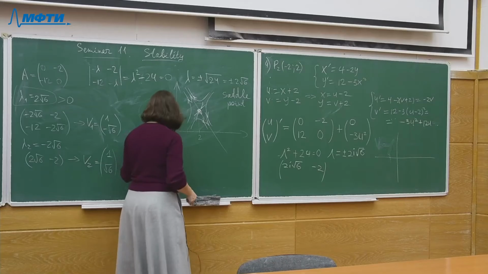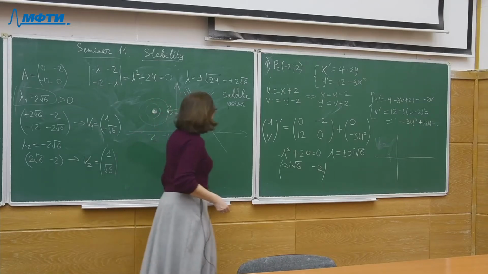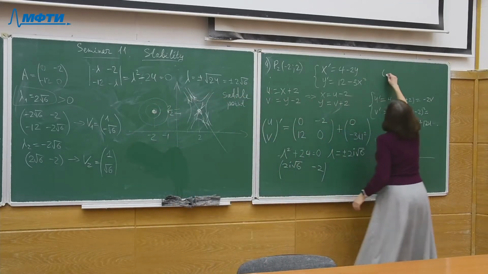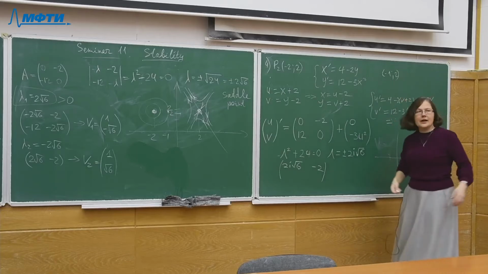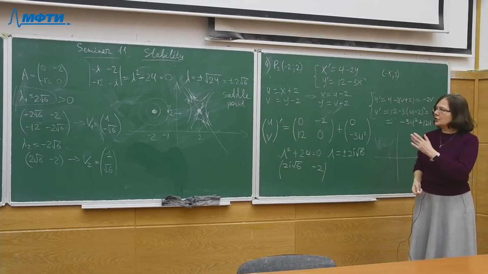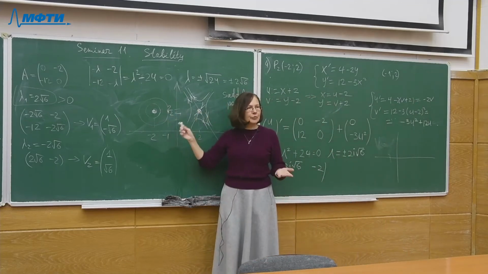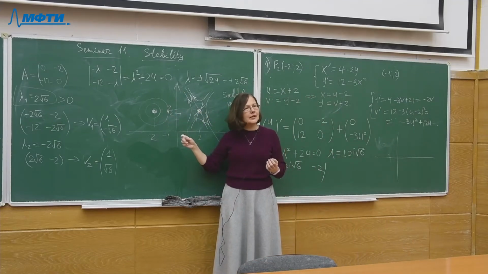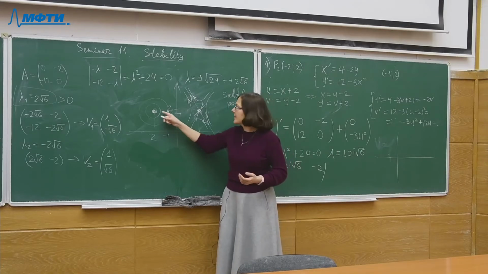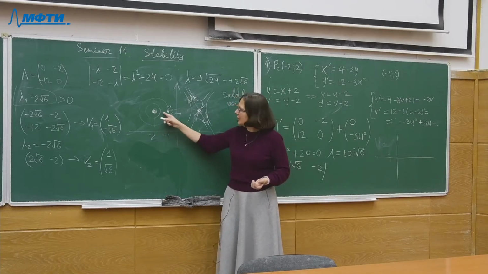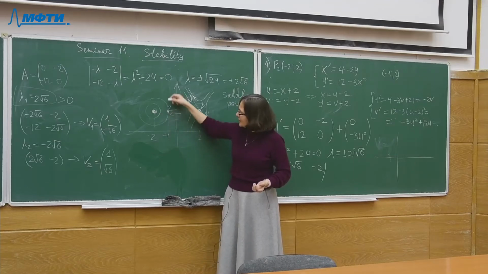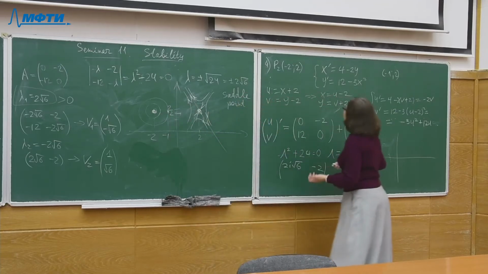I will write it here. This is needed to determine the direction of rotation, counterclockwise or clockwise. Can we choose a random point? Yes, a random point, but it is convenient to take this point because it is easy to determine the direction.